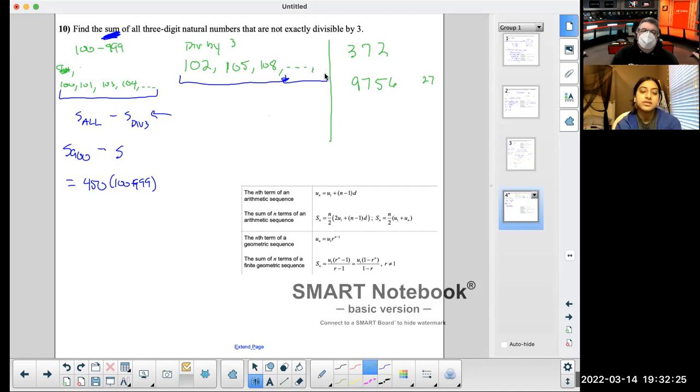Wait, isn't it 999? Yep. Wait, then shouldn't we not have counted 999 in the other one? Oh wait, no, never mind. That's the sum of all of them. Okay, yeah. Correct. So we know the first term is 102 and the last term is 999, but how do we find out how many terms there are?